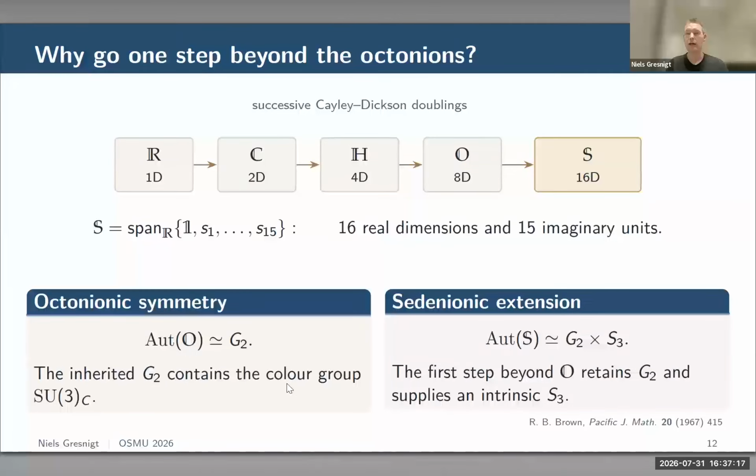Yes, I agree. And the same if you look at the exceptional Jordan algebra, you have three generations inside there. Each generation depends on one of the octonions. Right, so you have three copies of octonions inside the exceptional Jordan algebra. That's correct.